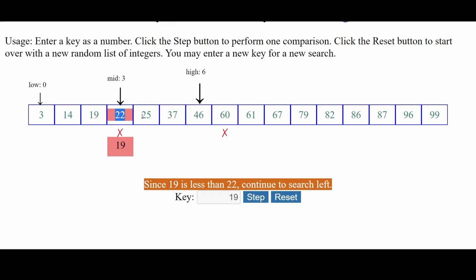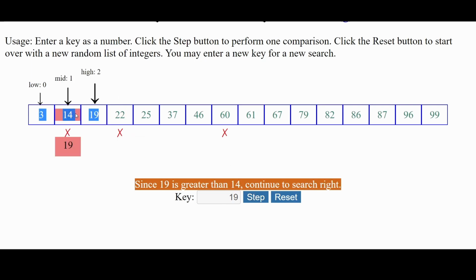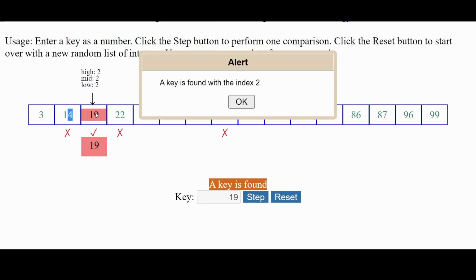The middle element is 22. 22 is still bigger than 19, so we know it's left side of 22. In the next step, we go here to the left side of 22. We see that 14, the middle element, is a little bit smaller than 19. So that means it must be on the right side of 14. So next step, we come to 19 and we found the index 2. That's where our target element is at.